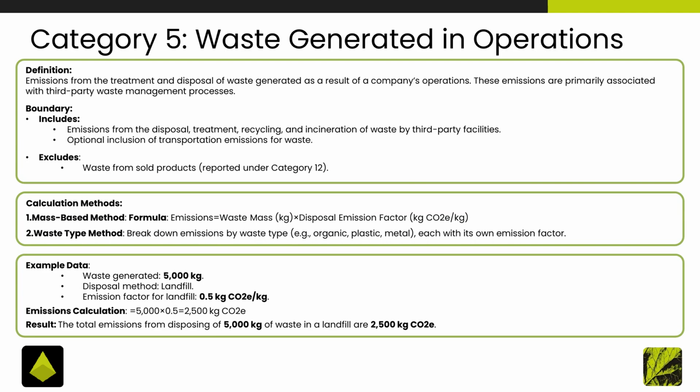You can calculate emissions using two methods: mass-based, which uses an emission factor per kilogram of waste, and waste type, which considers different materials. For instance, if 5,000 kilograms of waste is sent to a landfill with an emission factor of 0.5 kilograms of CO2 per kilogram, you have 2,500 kilograms of CO2 emissions. Efficient waste management can greatly reduce these emissions.